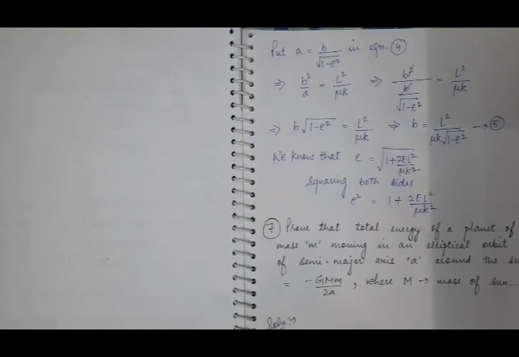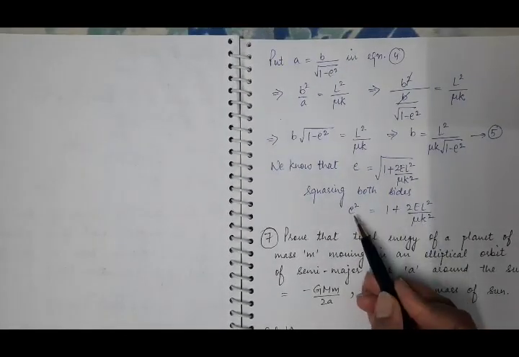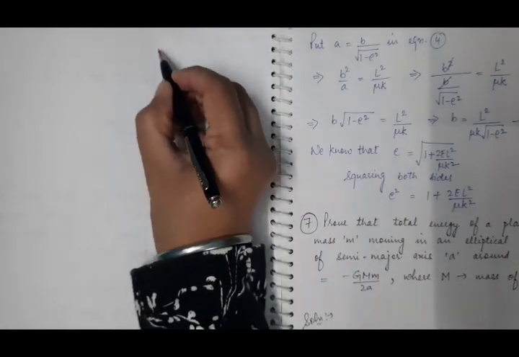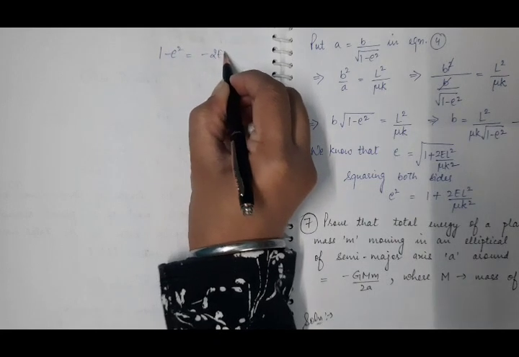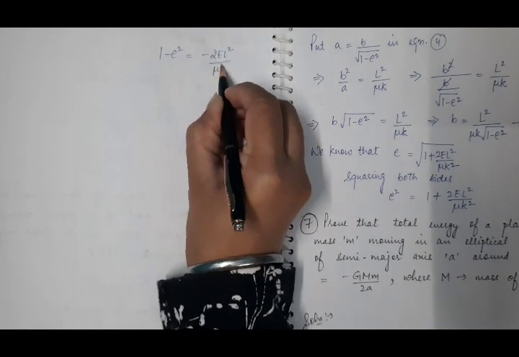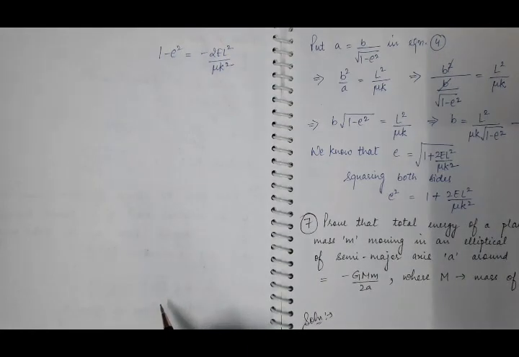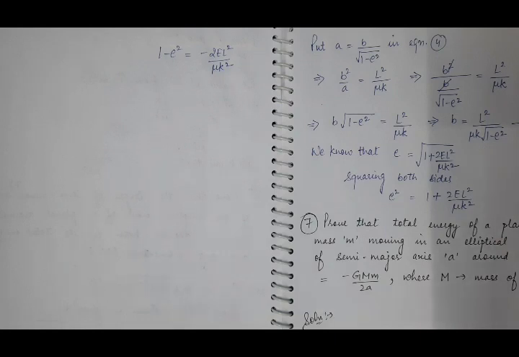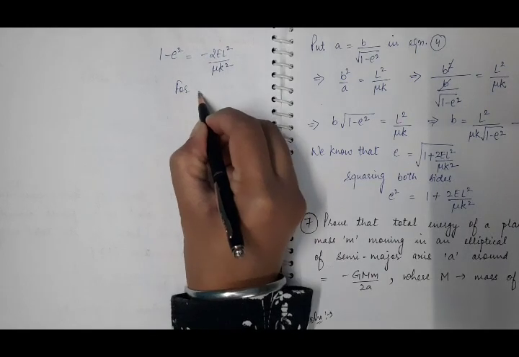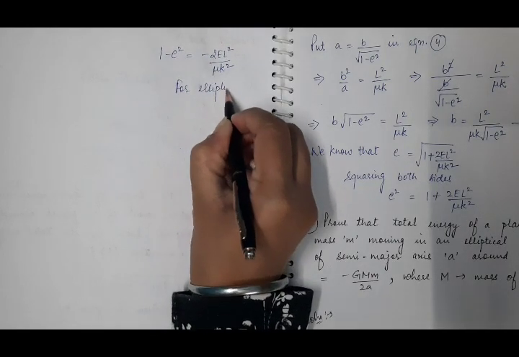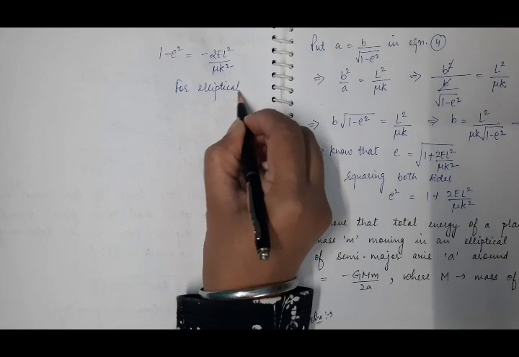So move this term to this side and this to this, as we have done in our previous numerical. So we will have 1 minus e square equal to minus 2EL square upon mu k square. But one more thing is given in the statement that planet is revolving in an elliptical orbit around the sun, and we know that for elliptical orbit energy E is negative.